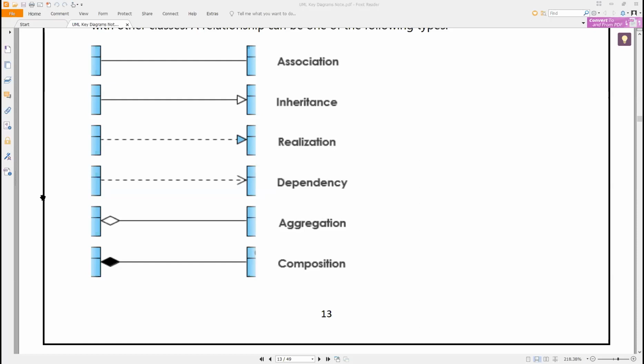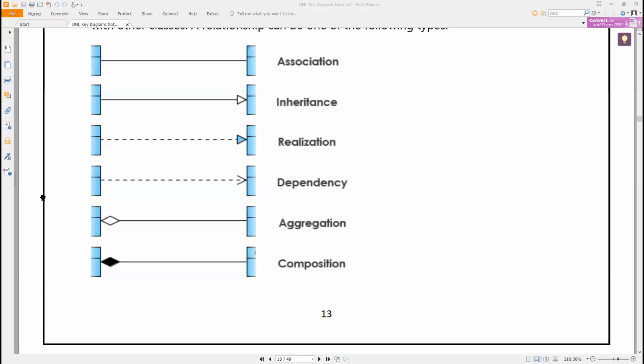For both aggregation and composition, we use the same notation, but we put a difference by shading this diamond shape. So the question is, when does aggregation become a composition? Composition is a strong aggregation. What does it mean? In a simple and easy way to understand, aggregation becomes a composition if the part will cease to exist if the whole does not exist.